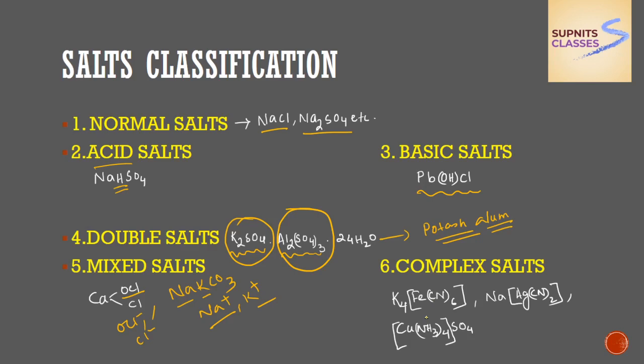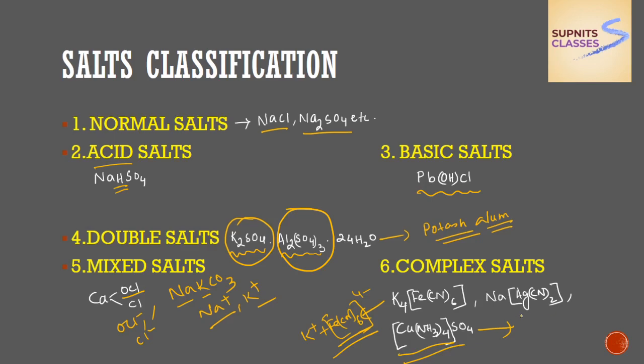What about complex salts? Complex salts means when you put this kind of salt in water, it is not going to give you K plus, Fe2 plus, CN minus, not like that. It is going to give you K plus plus Fe(CN)6 4 minus, so it is going to give one complex anion. Similarly, if you dissociate this in water, it is going to give you one complex cation.